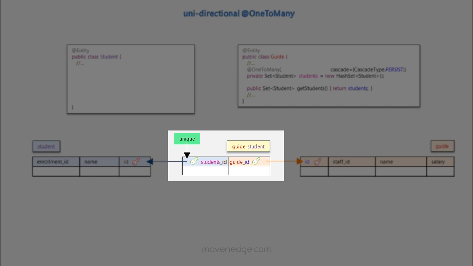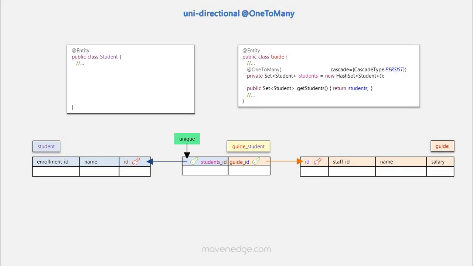The reason why we don't want to do it here is because shortly we will see that unidirectional one-to-many is a bad idea, and we should always avoid it, as it's not good from the performance perspective. We should always prefer the bidirectional one-to-many relationship. So this join table here is what you get by default when you map your one-to-many relationship as a unidirectional relationship.